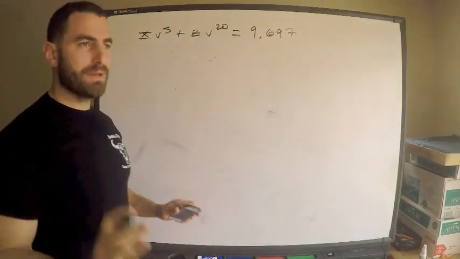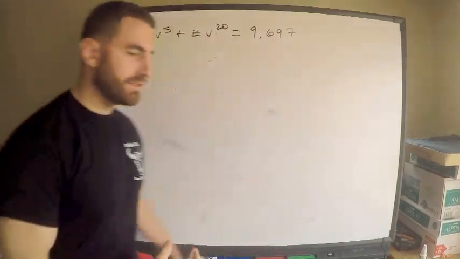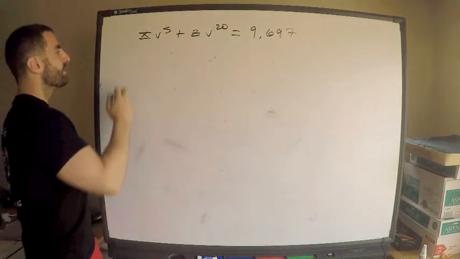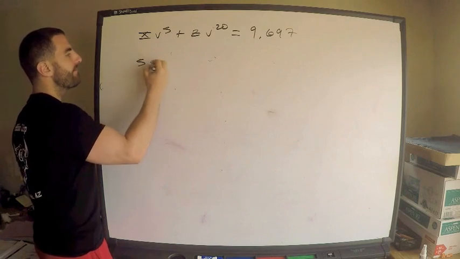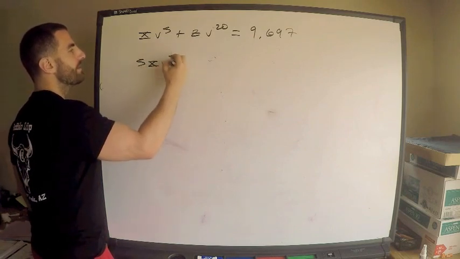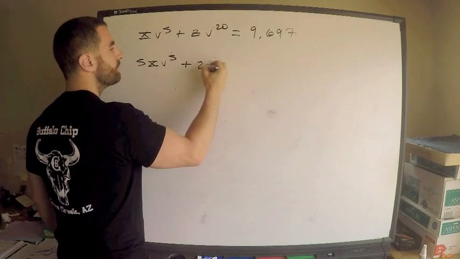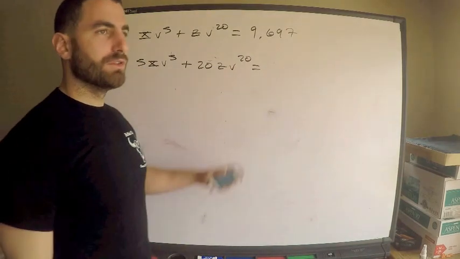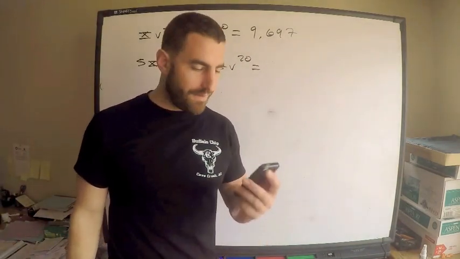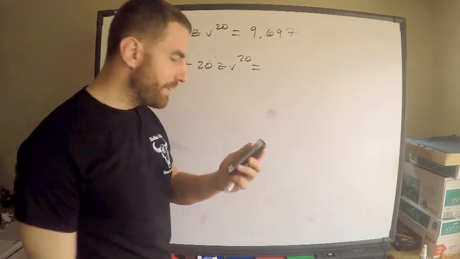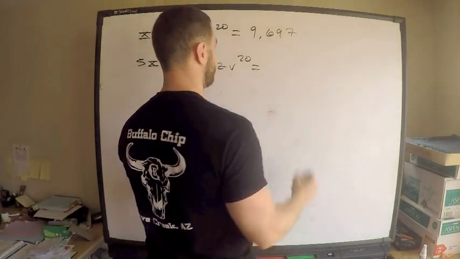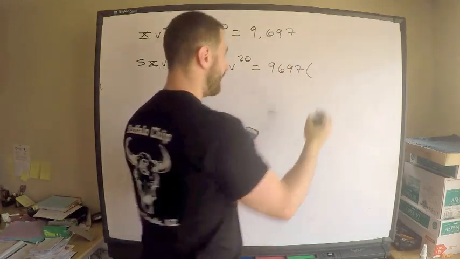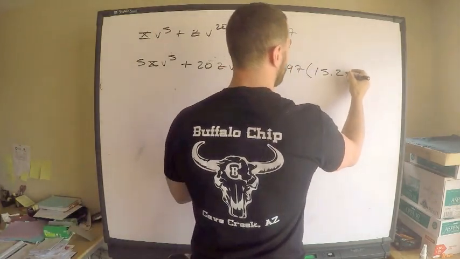Then I have, now you want to do some manipulation with the Macaulay duration. Macaulay duration, I had that fraction, but I knew the denominator. The denominator was already the price. So this says that 5xv to the fifth plus 20zv to the 20 is equal to the price of the assets times the duration of the assets: 9697 times 15.24.